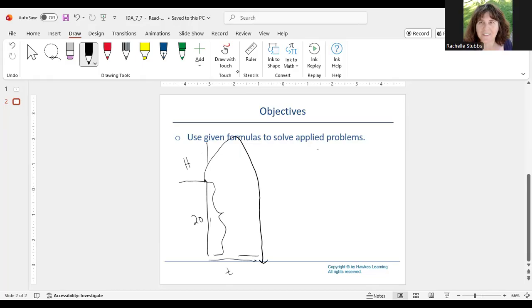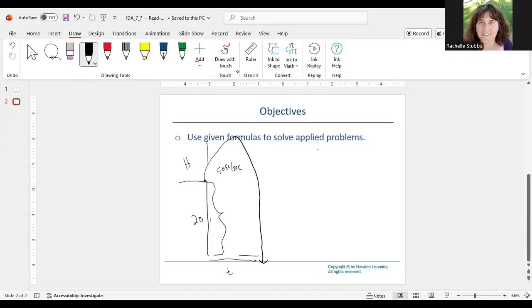So we could maybe write a formula that would look like this. And let's say that our launcher launches it at 50 feet per second, okay? So our launcher's pretty powerful, 50 feet per second. So we're up on this building, and we launch it, and we're going to call the height, whatever the height is, based on time.